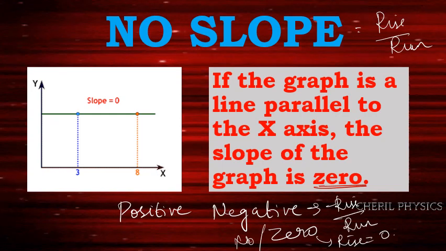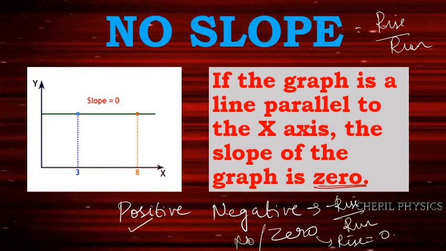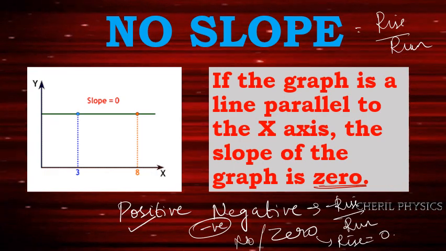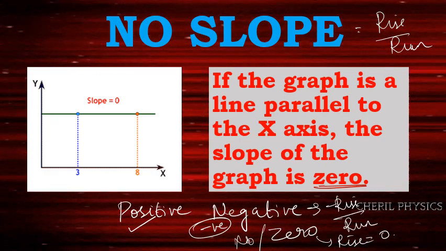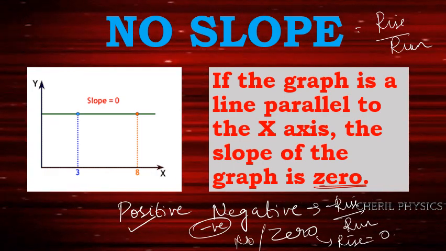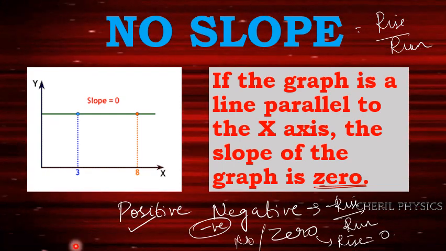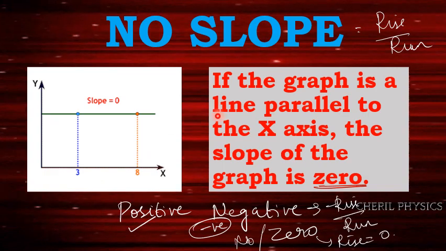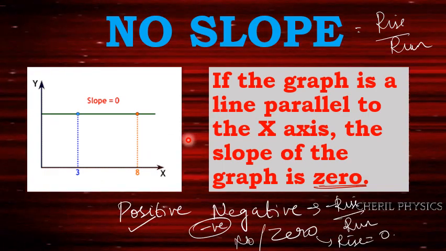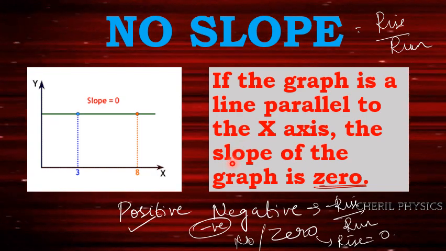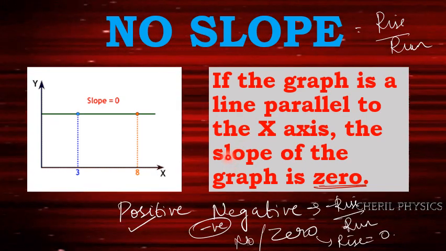So you can simply say that rise is positive for positive slope, negative for negative slope, and 0 for zero slope. Hope you understood this. This is a very important concept for you. So please understand this concept carefully, so that you will be able to use it in your numericals and even for understanding the other concepts.